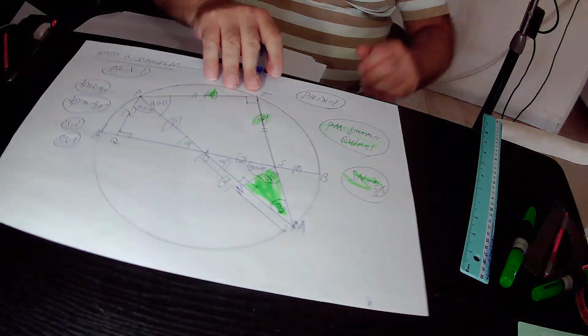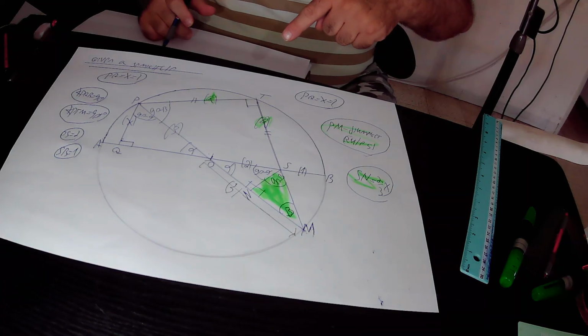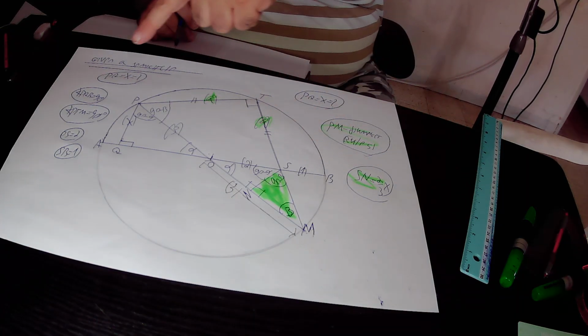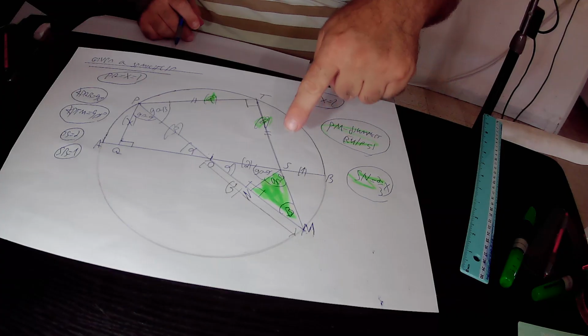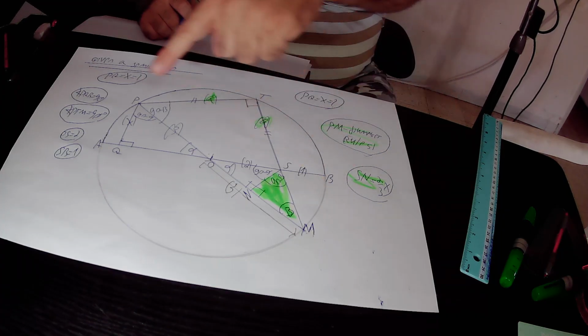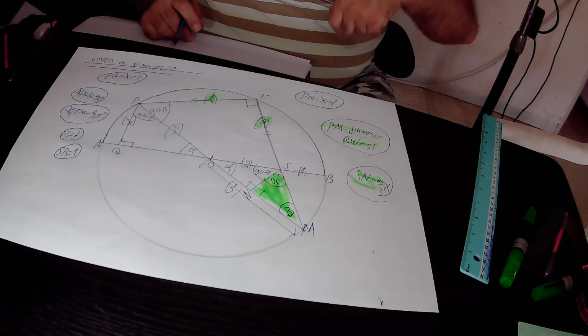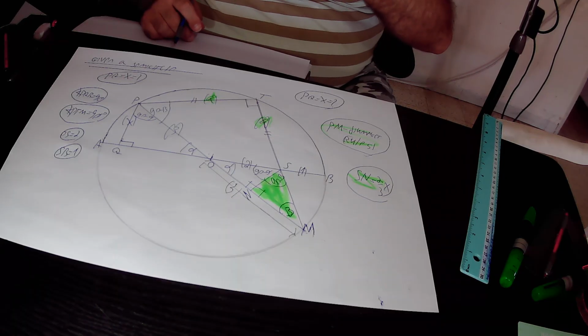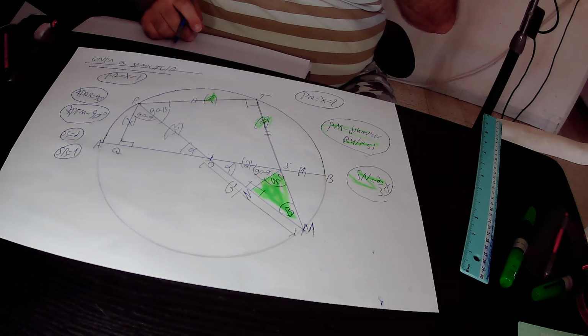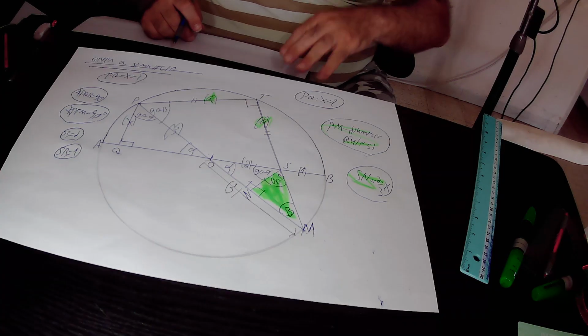So we can implement rule 15 in our drawing. In our drawing, we have chord TM that intersects with chord AB at point S. So all the requirements of rule 15 are satisfied, and therefore we can implement rule 15 in our drawing. So write it down.